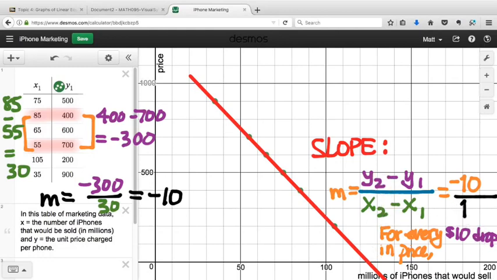The x values are how many millions of iPhones that we're selling. And so what we'd be saying here is that 1 million more sales would take place. So that's the meaning of that -10. Again, that slope is a comparison between changes in the y quantity and changes in the x quantity. So that's where we were at the end of class on Monday.